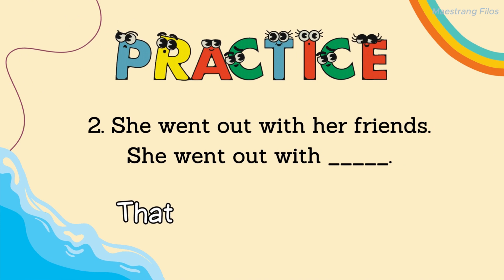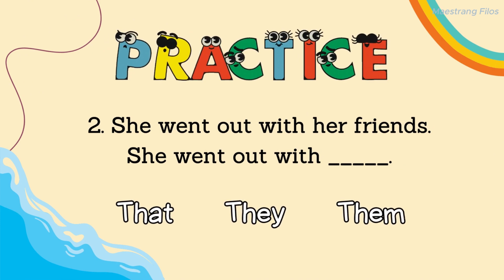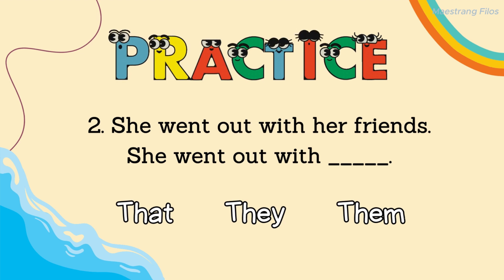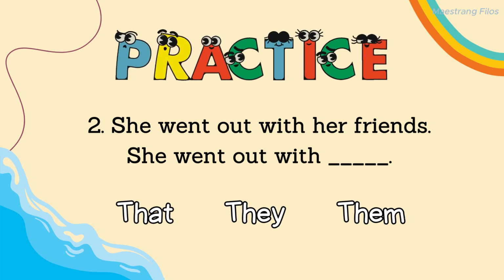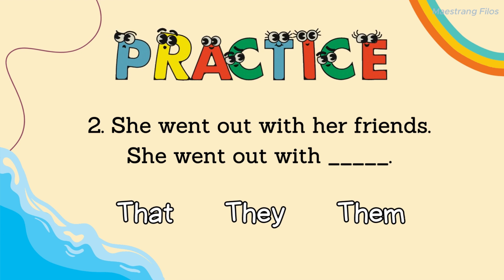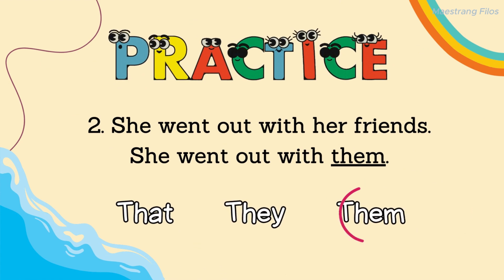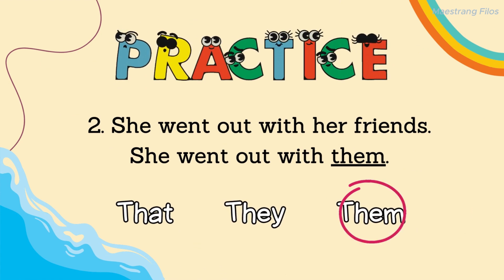Number 2. She went out with her friends. She went out with blank. Which is the correct pronoun? That, they, or them? Correct! The answer is them. She went out with them.